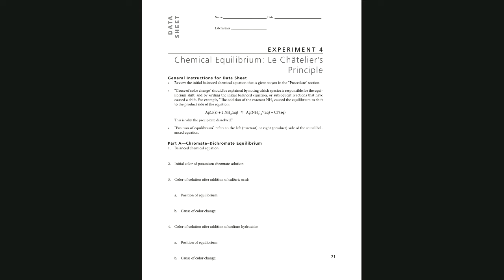I'm going to stop sharing the document. I will use my lab manual as usual in order to perform the experiment. I did not prepare everything prior, so I'm going to read the experiment. Part A is the chromate-dichromate equilibrium.